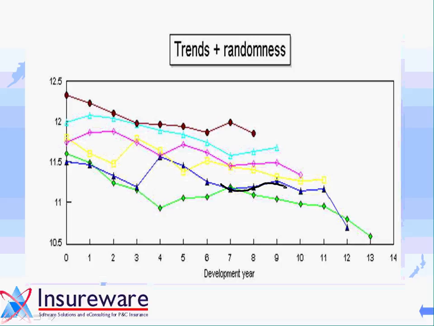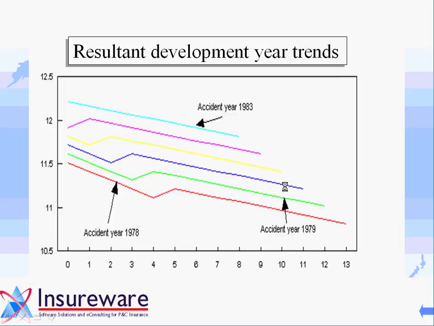On top of that, we also have the calendar year trends, and on top of that, randomness. So anytime you look at real data, if you graph the incrementals for an accident year versus development year, you're not just looking at what is happening in the accident year, because whatever is going on in those calendar years gets projected on top, and that's an axiom, which is more powerful than a theorem.